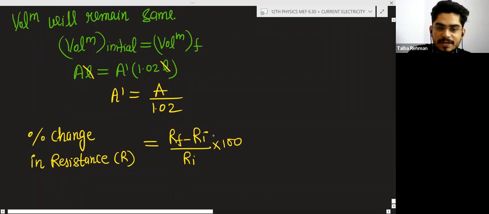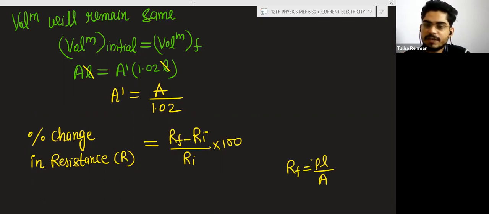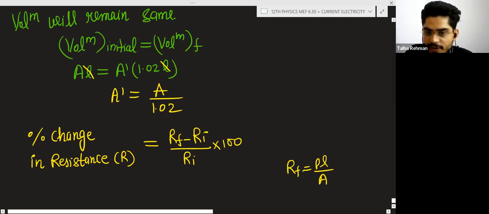And when you calculate R final, rho L divided by A, we have the formula of resistance. Rho is the same. Rho will not change because the material is the same. I have told you rho will not change if you increase or decrease area or length. So resistance here depends only upon length and area.